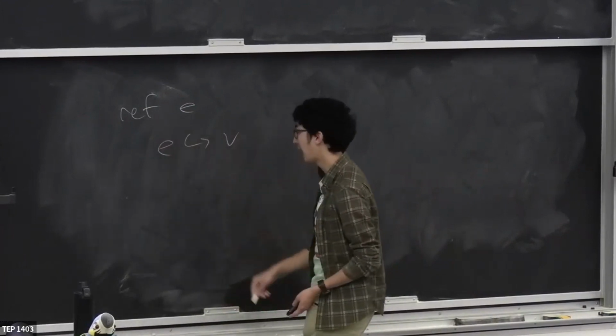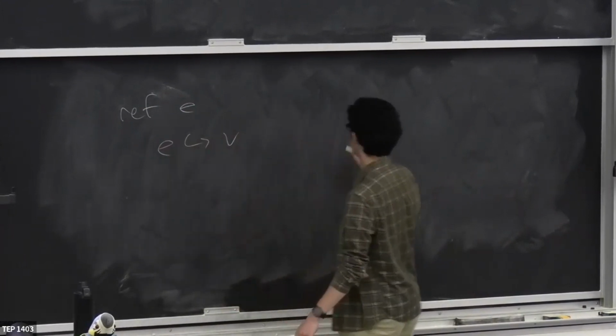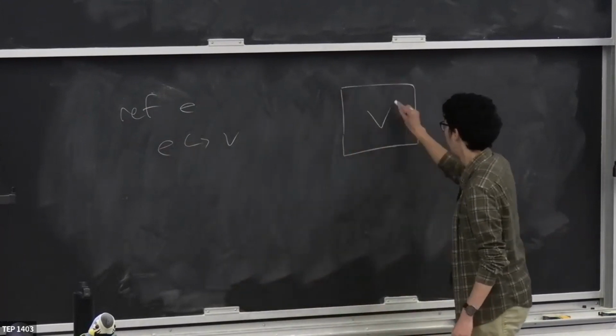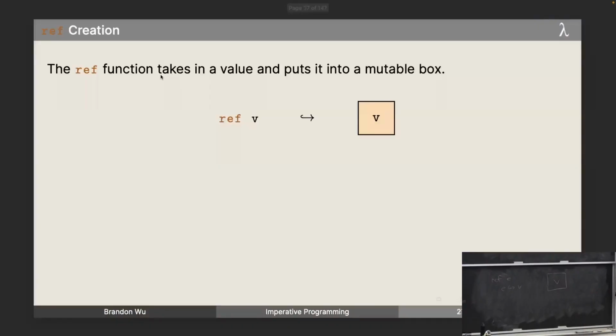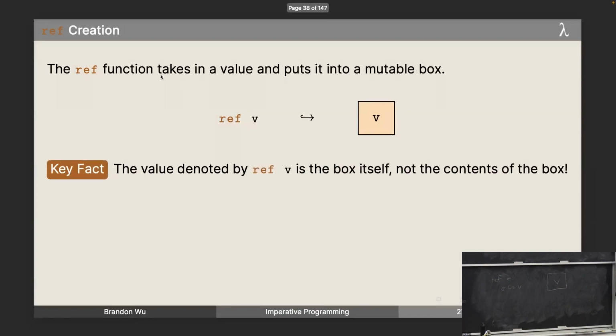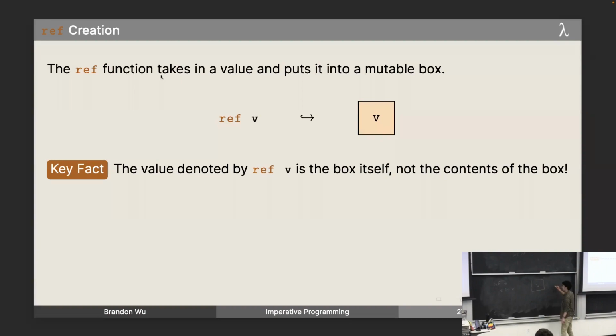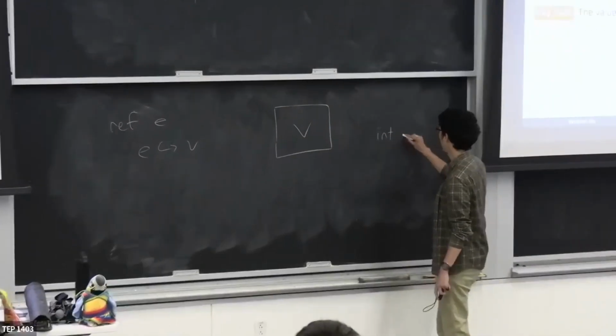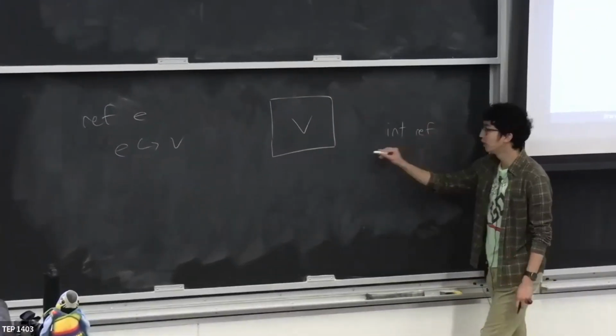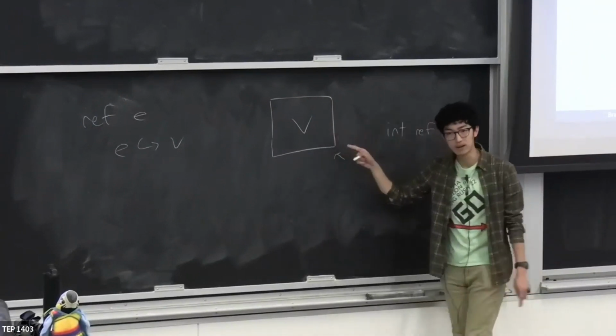All right. And then if that happens, then box happens. We get a box. And one thing to note is that the value that we get here, let's say it's an int ref, the value of this int ref is the box. It's not the contents of the box, it's the box.